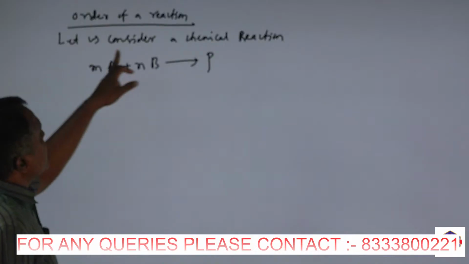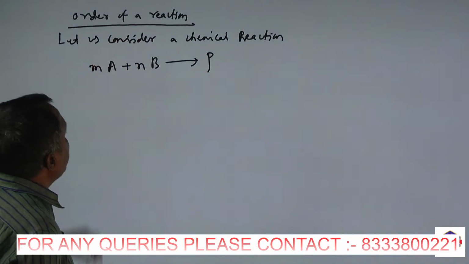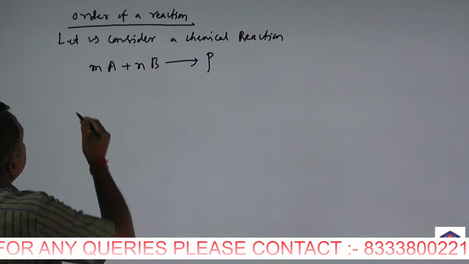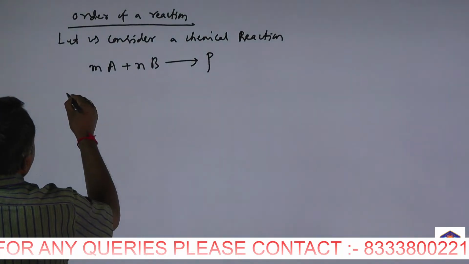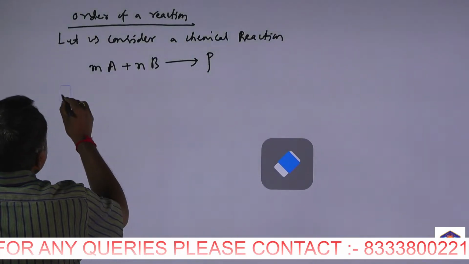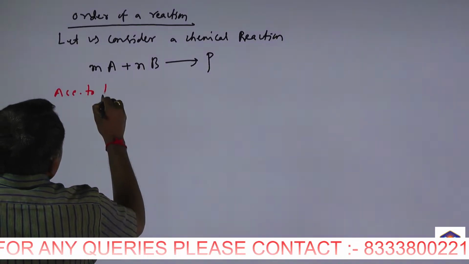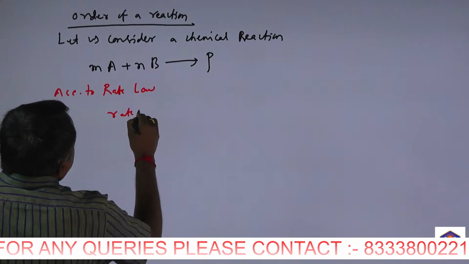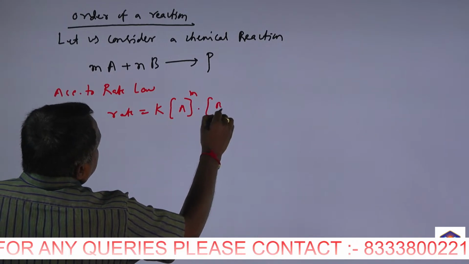So let us consider a chemical reaction: mA plus nB gives product P. This is one chemical reaction. For this, how can we calculate the order of a reaction? To determine the order, first you should know what is meant by order. According to rate law, rate is equal to a constant k into [A] power m and [B] power n.